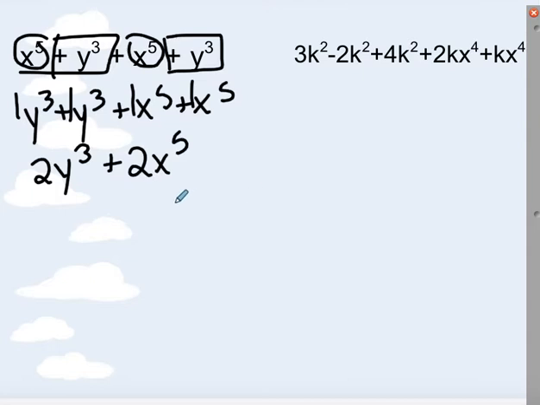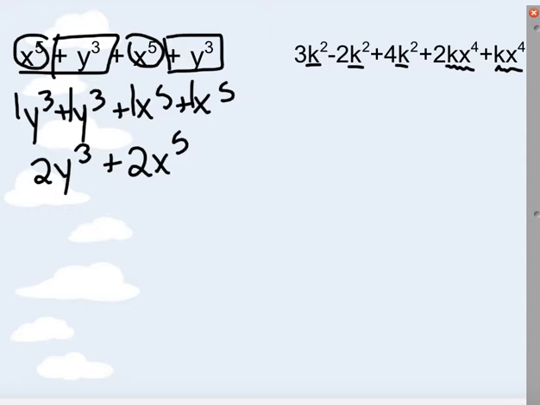All right, a little bit more complicated. 3k squared minus 2k squared plus 4k squared plus 2kx to the fourth plus kx to the fourth. We have two unique terms, right? k squareds and kx to the fourths.